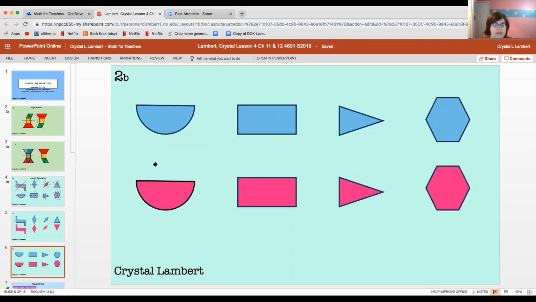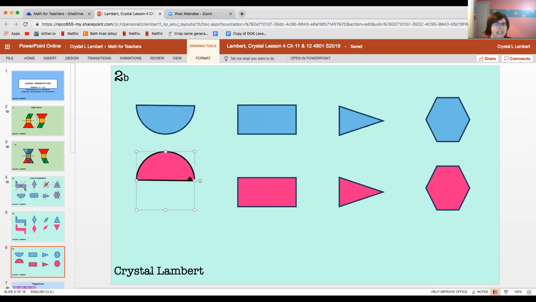So now we're going to go to the next set of figures. And we're going to go to the semicircle. Rotate it 180 degrees. What do you think? No, that does not have rotational symmetry. The rectangle? Absolutely. We got one. Yay! And let's go for the triangle.